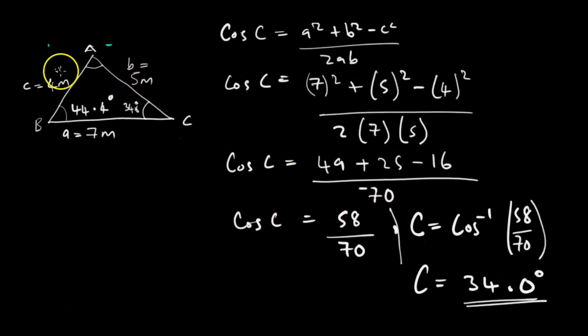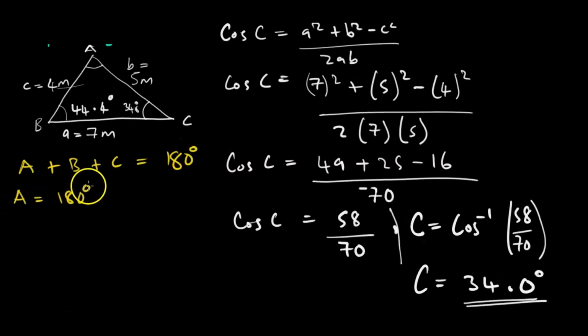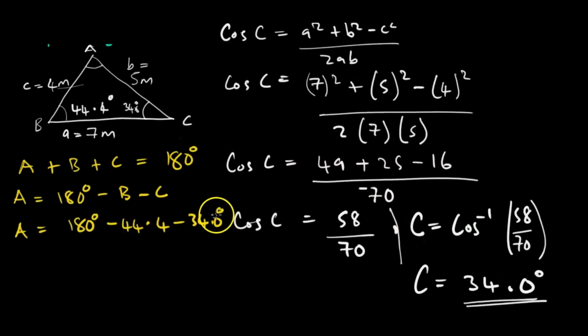So let us say we want to find a, we want to use some form of proof. We know from basic mathematics that a plus b plus c is equal to 180 degrees. That means a is equal to 180 degrees subtracting b subtracting c. So a is equal to 180 degrees minus 44.4 minus 34.0 degrees. Remember that a on the diagram was 100 and something.